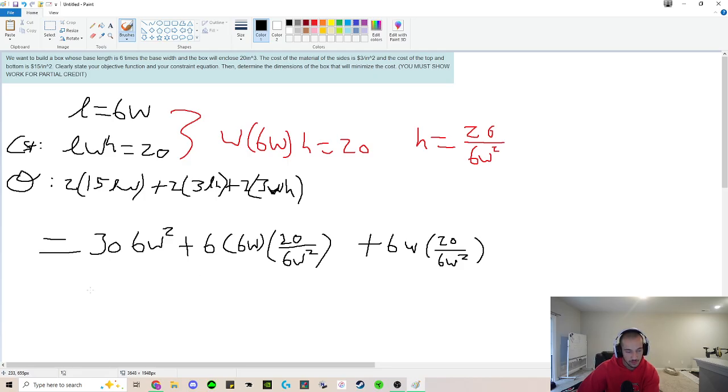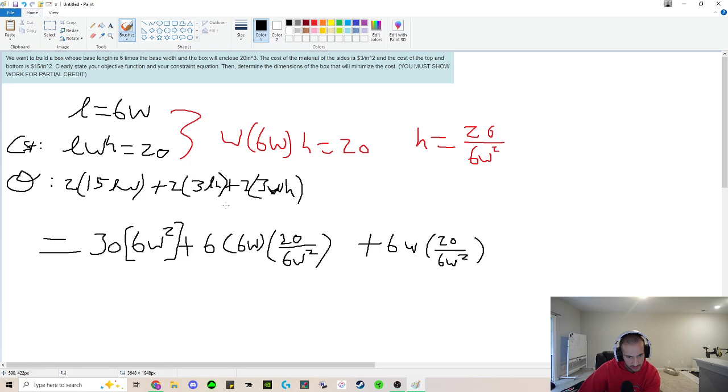Now we solve. Let's say that the 6w should be in here. Okay, so now we can solve. Sorry, forgive me, I got to check for a second.